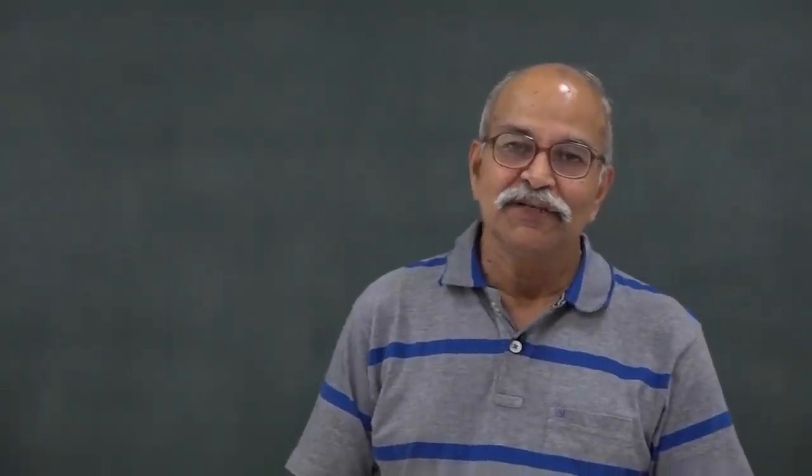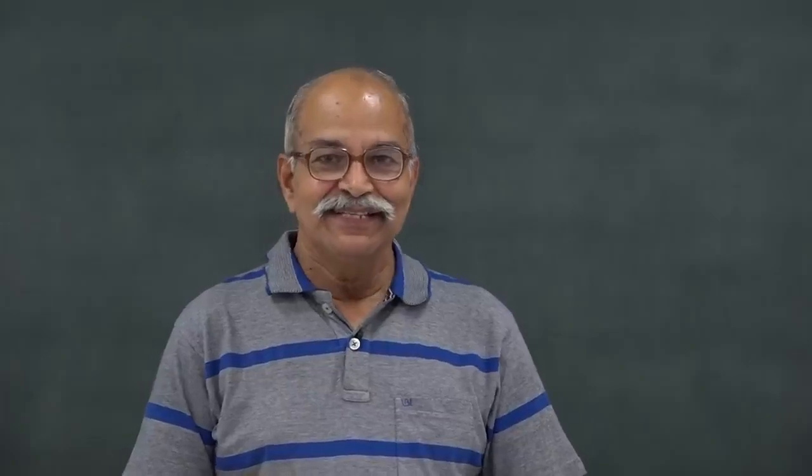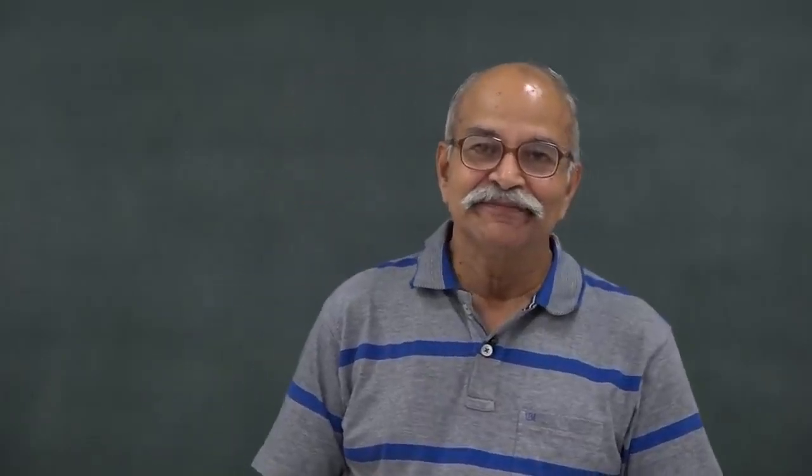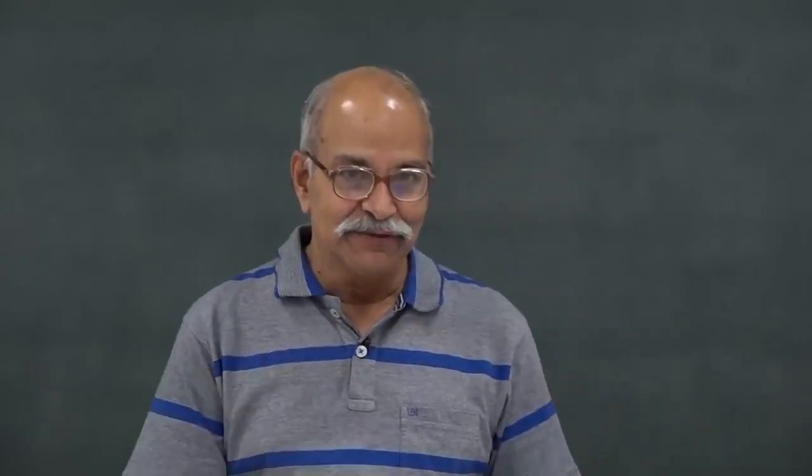So, this short talk is on the Heisenberg uncertainty principle, and it originated from a quiz question that I had given in my online course. The question reads as follows. A particle has a certain wave function.